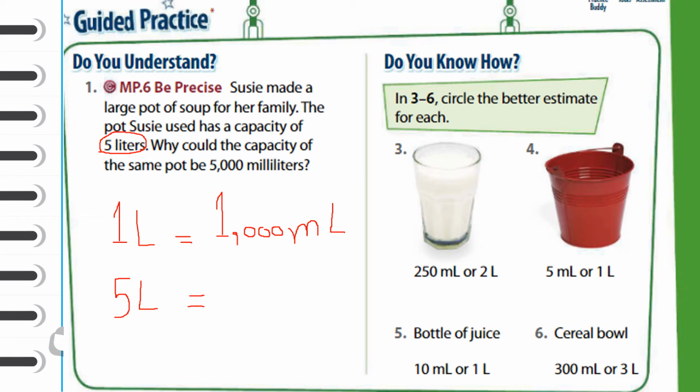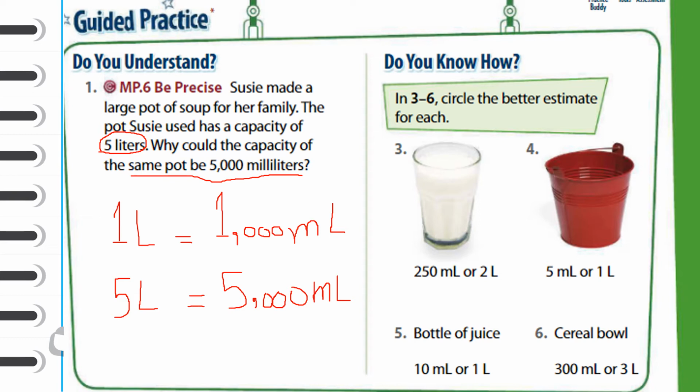So if 1 liter is equal to 1000 milliliters, so 5 liters will be equal to, excellent, 5000 milliliters. So we can say that the same pot is 5000 milliliters because 1 liter is equal to 1000 milliliters.